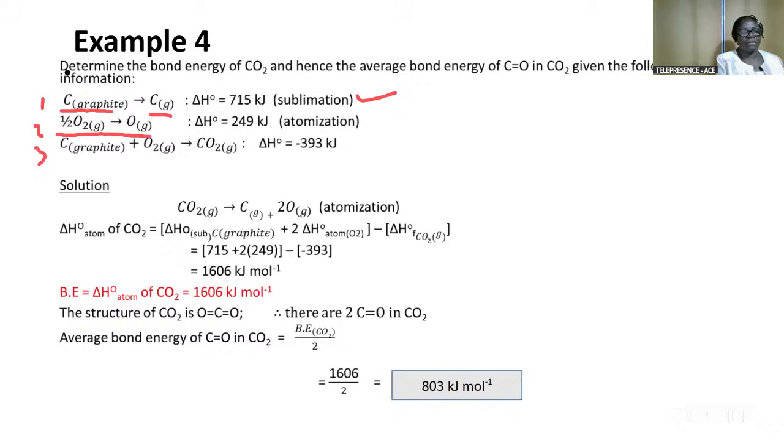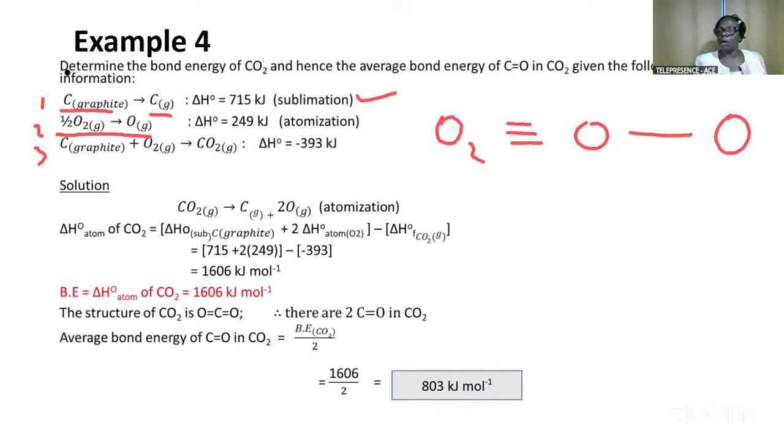So what you have is atomization, because from O2, you are breaking that bond to give you the atoms. Two oxygen atoms would have been formed, but for us to call it enthalpy of atomization, I told you that you must be forming 1 mole of the product, and that is why we have it written as half. So the equation has been balanced for you.